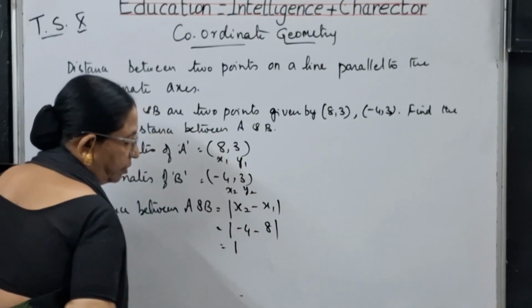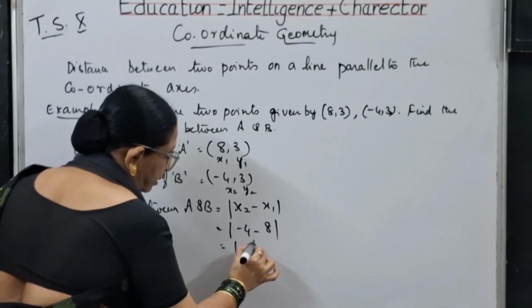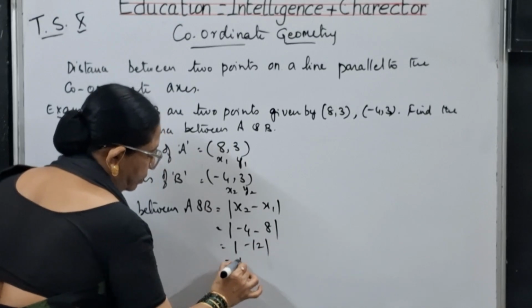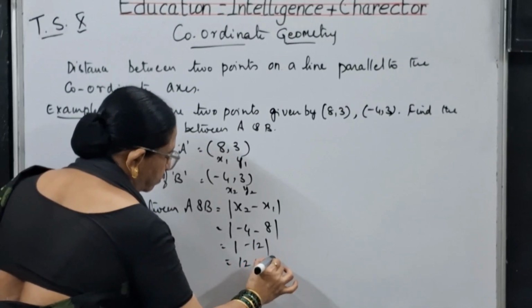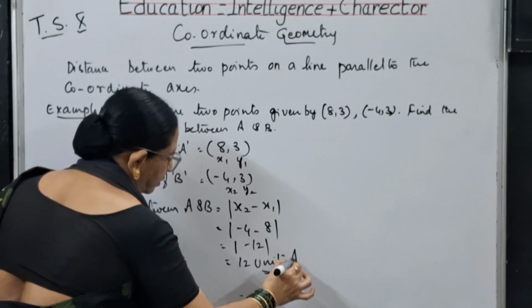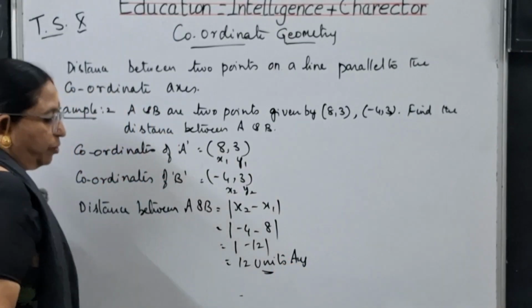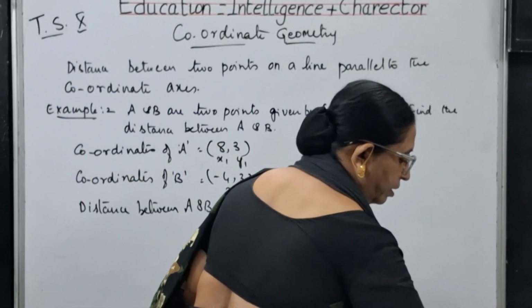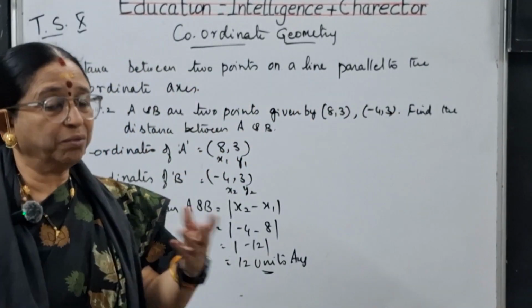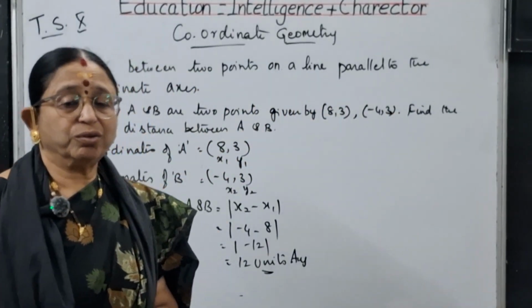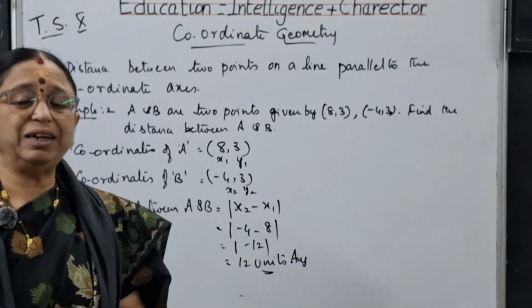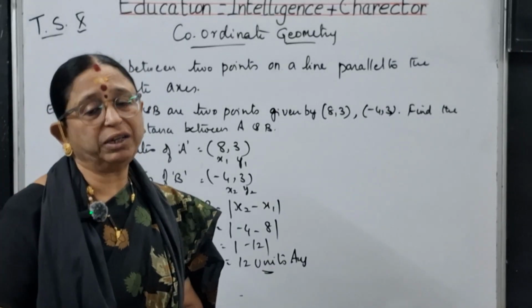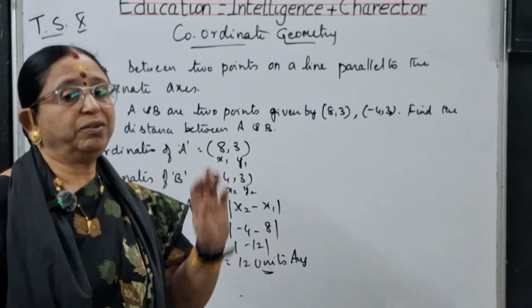That is modulus of, how much are you getting? Minus 12. That means 12 units. This is the answer for the second one, children. So I hope you are understanding, children. We are going to learn some other formulae also. So you should have a clear-cut idea about which formula you need to use for the given problem.